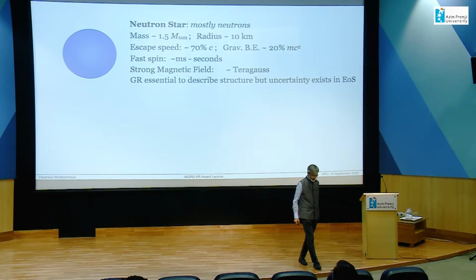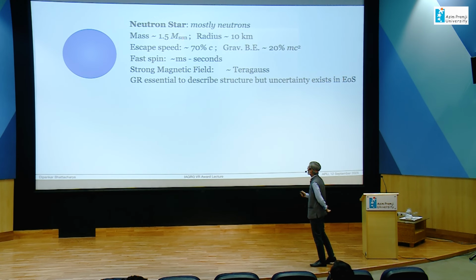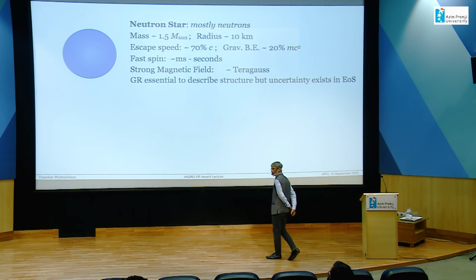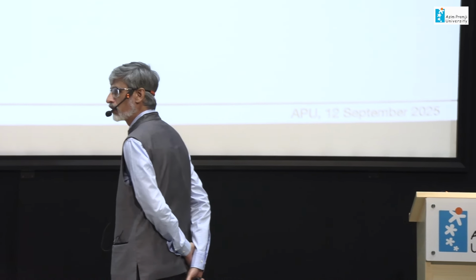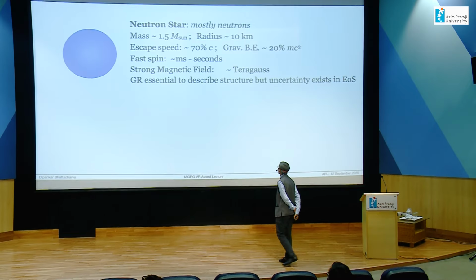Neutron stars have masses of roundabout 1.5 times the mass of the Sun. The lightest neutron stars known are about 1.2, 1.25 times the mass of the Sun. The heaviest known is around 2.2 times the mass of the Sun.